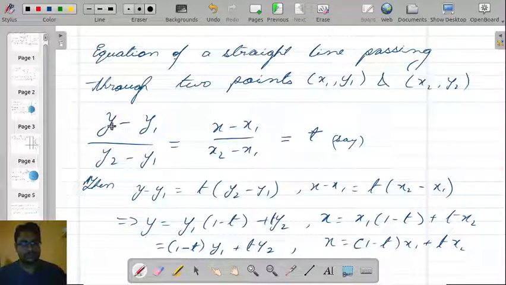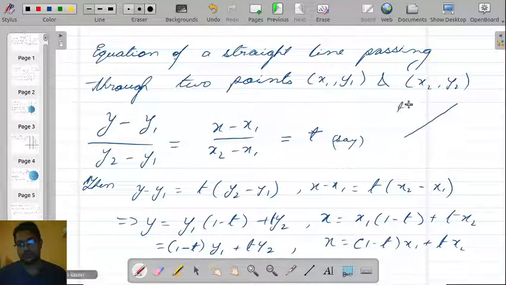If t is 0, in particular, we'll get y equal to y1 and x equal to x1. So (x1, y1) is also a point on the straight line, right? Similarly, when t equals 1, it's y minus y1 equal to y2 minus y1, so y equals y2, and t equal to 1 will give the point (x2, y2). In fact, any real number between 0 and 1 will give a point between (x1, y1) and (x2, y2).